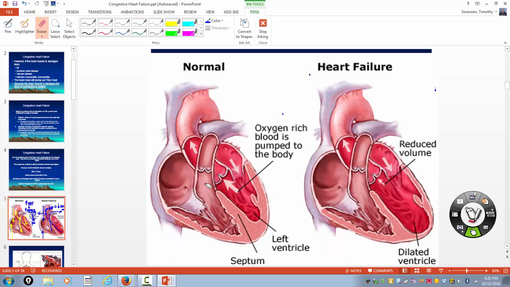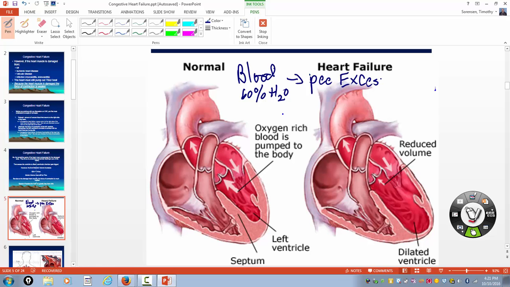So if you recall, just recall anywhere, right? Blood is about 60% water, right? So if you give a person a drug that makes you pee excessively, more than they should, that is going to make your blood volume go down.